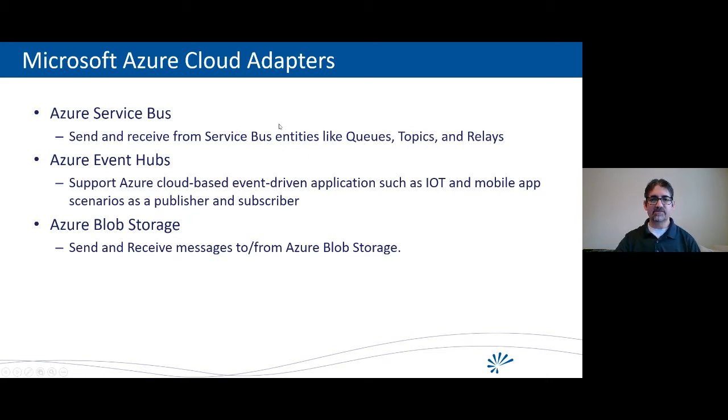Azure Event Hubs is really interesting because it would allow BizTalk Server to participate in IoT applications and mobile applications, which would use event-driven architectures. So the Azure Event Hubs is actually a really interesting addition to the product.